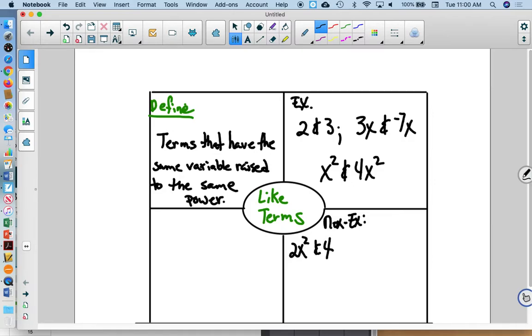Absolutely correct. Those are not like terms. What's another set, Justin? 3y and 2 squared. Good. Not like terms. One more set. 4 and 3x.